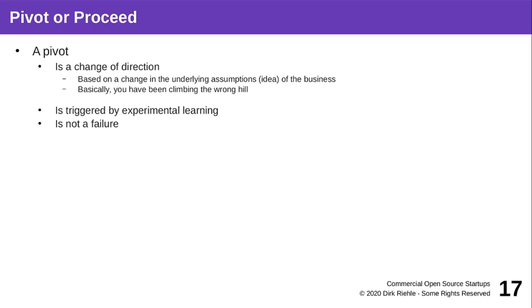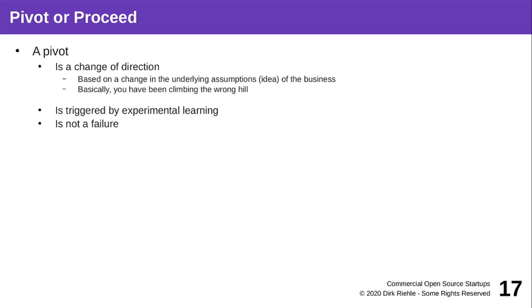So it can happen that you test something and it turns out to be just not true. Old people can, for example, handle mobile phones with touch screens as well as the younger person and do not need physical buttons. Well, that might be the result of some hypothesis test. So if your hypothesis fails, then you have to change direction. If your hypothesis tests true, you can keep going.